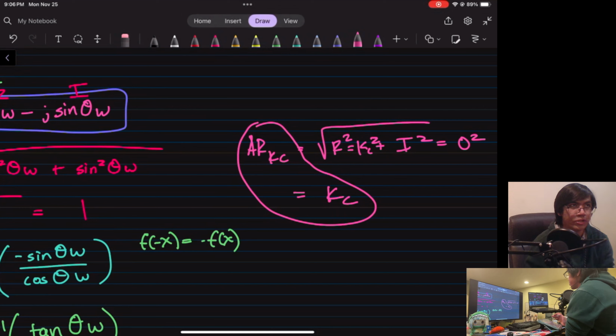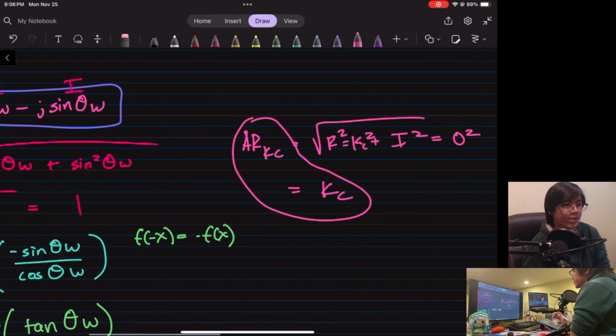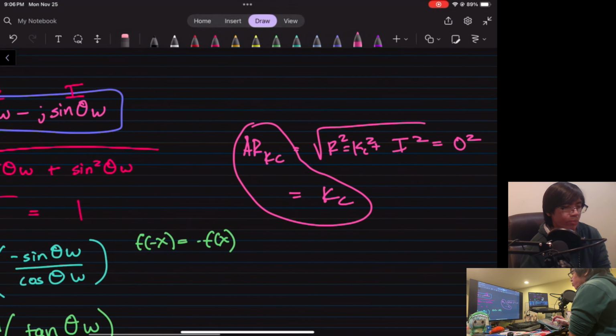That's kind of the proof of what we mentioned. Well, I showed it last time, but we didn't really prove it, and I don't think we proved it in class. So again, this amplitude ratio is a multiplicative product of Kc. So we multiply the amplitude ratio by Kc, and it shifts up or down depending on whatever value Kc is and however much we changed it by.